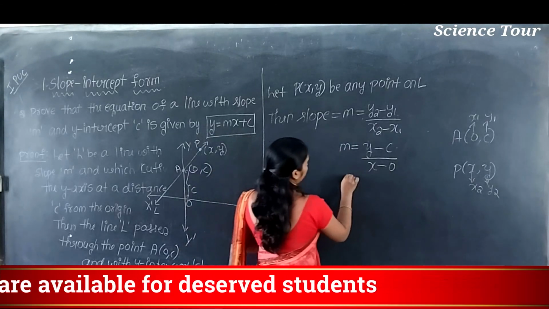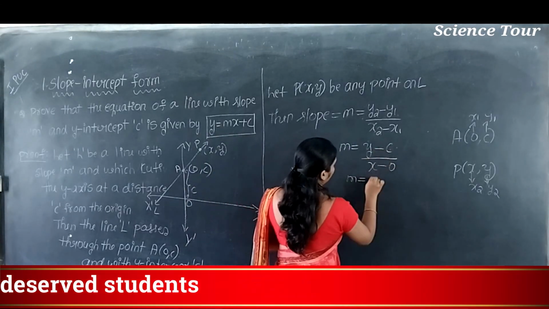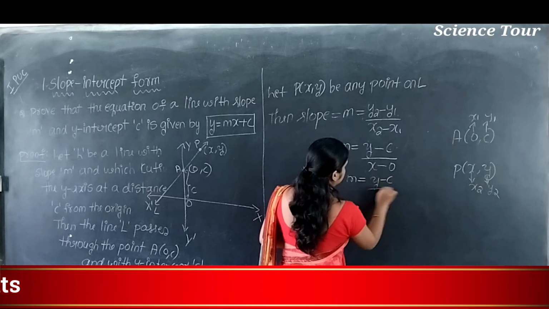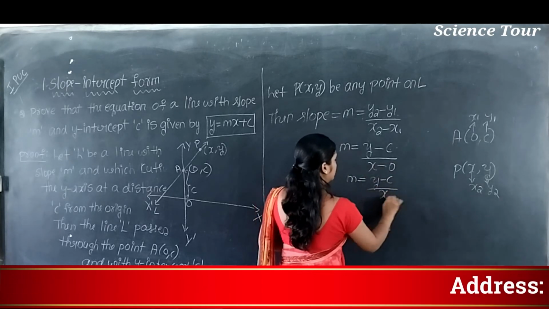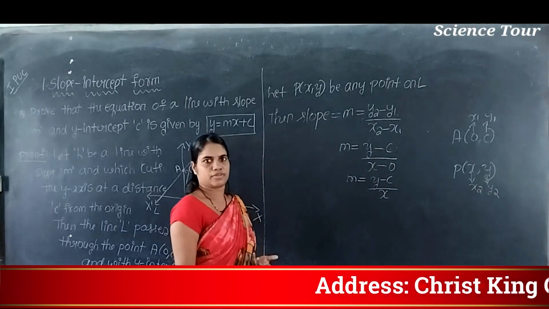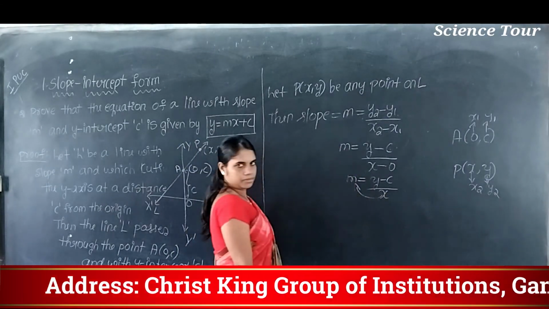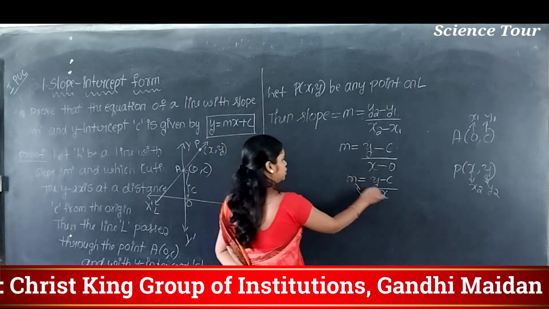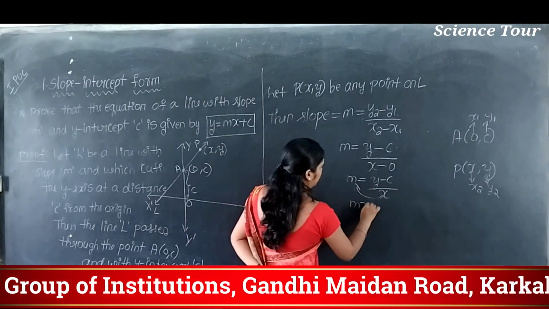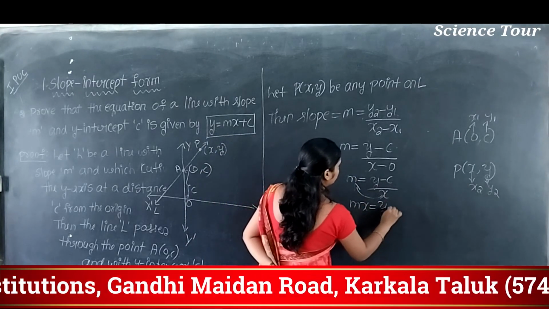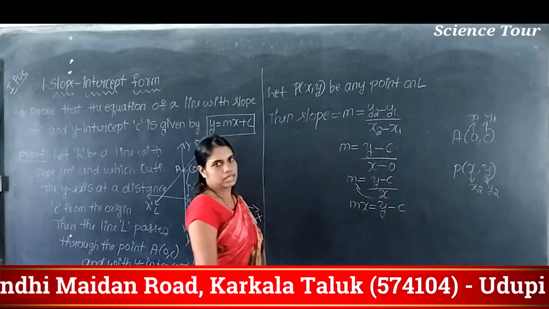So therefore m is equal to (y minus c) by (x minus 0), and x minus 0 is nothing but x itself. So now multiply this x with the m. So m into x, that is mx, is equal to y minus c.